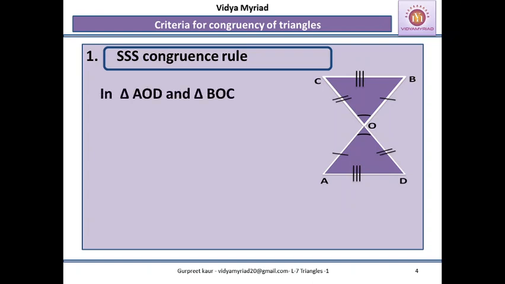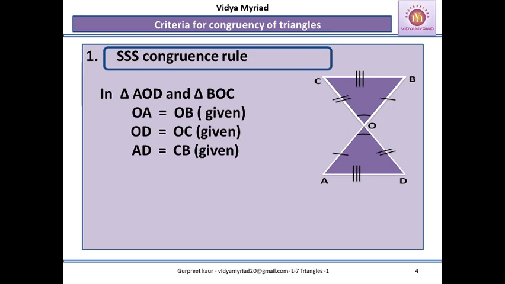Now, if we take triangle AOD and triangle BOC, if you look at the diagram also, I have made the lines equal with the help of markings. There is one line, double line and triple line. So we can say that OA is equal to OB, OD is equal to OC and AD is equal to CB.